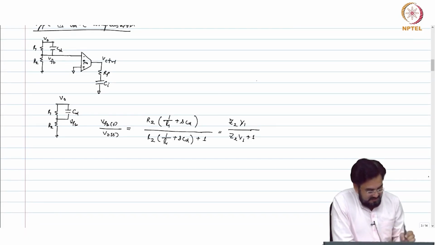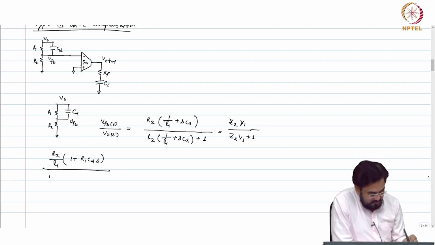So now let's simplify this. You get R2 over R1, 1 plus R1 CDS divided by R2 by R1 plus R2 CDS plus 1.